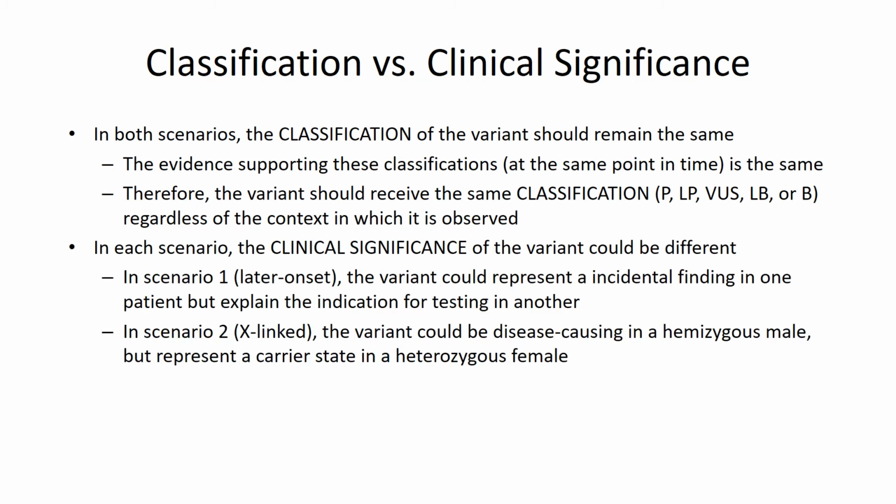In each scenario, the clinical significance of the variant could be different. In the first scenario, the variant could represent an incidental finding in one patient, but explain the indication for testing in another. In the second scenario, the variant could be disease-causing in a hemizygous male, but represent a carrier state in a heterozygous female.